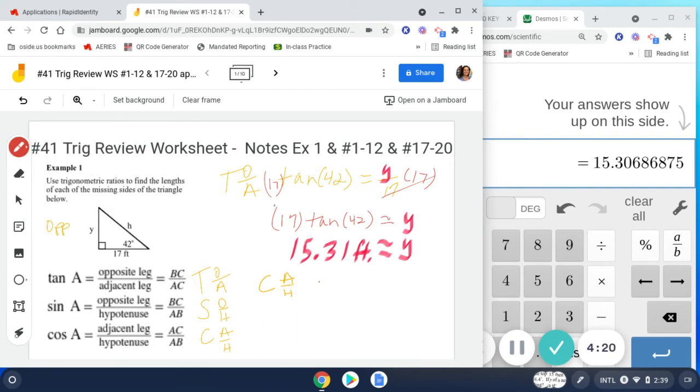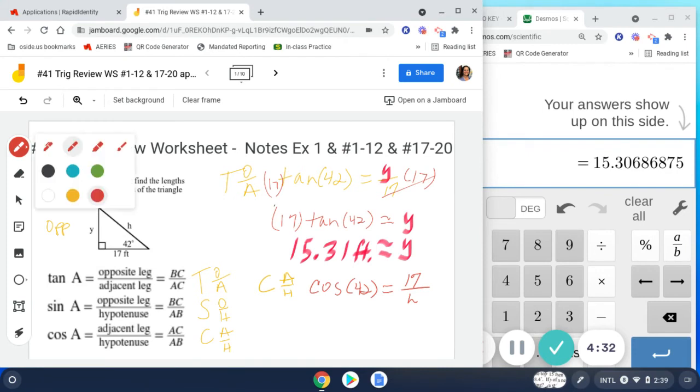Step 1 was identify. Step 2 is plug in. Cosine of our angle, 42 degrees, is equal to the adjacent over the missing hypotenuse h. The variable's in the denominator. This one's going to be a little bit different. This time we're going to multiply by that h to bring it upstairs. So we get h times the cosine of 42 equals 17.